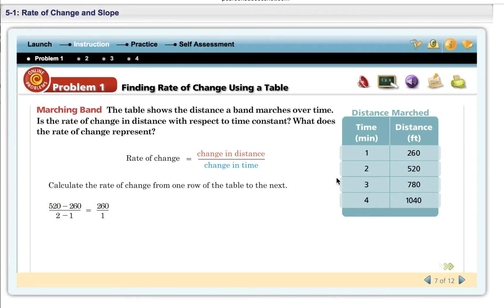So we took the values in the y over here and said, what's the difference between 520 and 260? And the difference between 520 and 260 is 260. And we want to know the difference between the x values, 2 and 1, so that's 1.